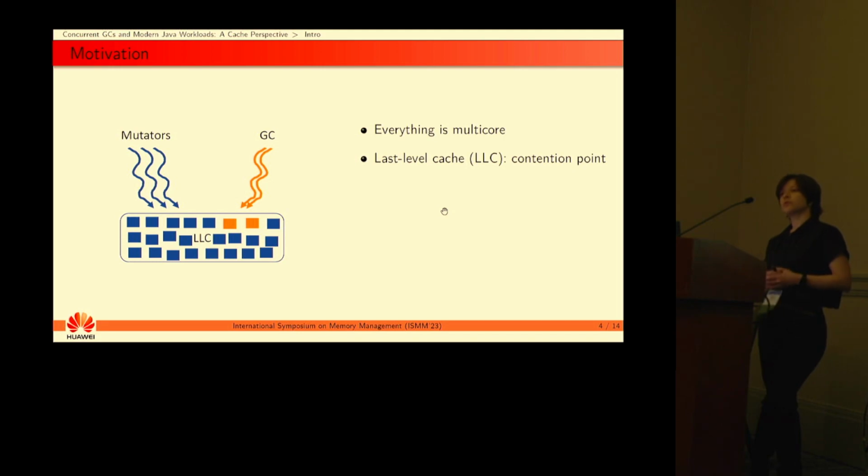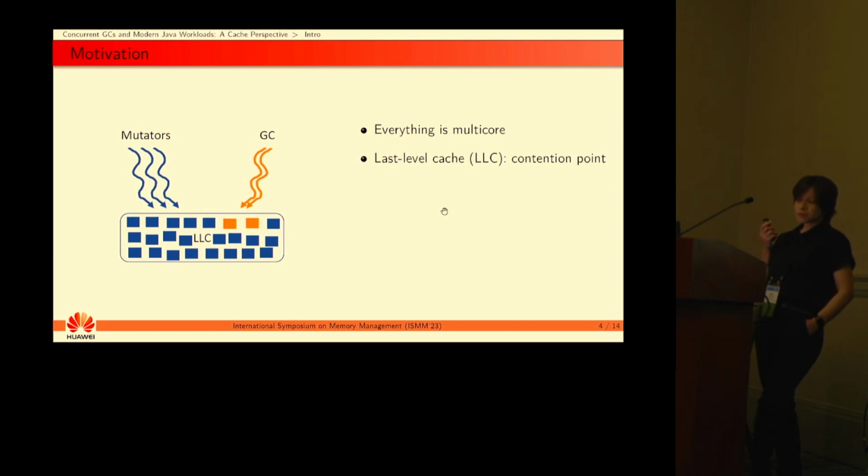And therefore, for multi-core systems, the last level cache, or LLC, is the contention point from this perspective, because it is shared across all cores. So it doesn't matter where the application and the GC run, they both converge on the LLC.